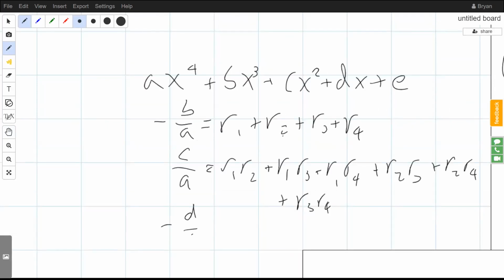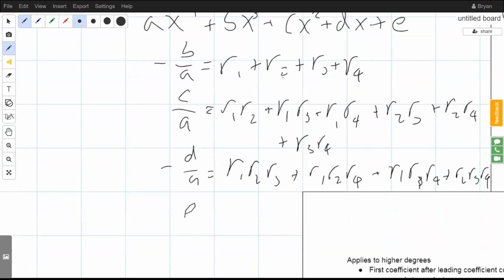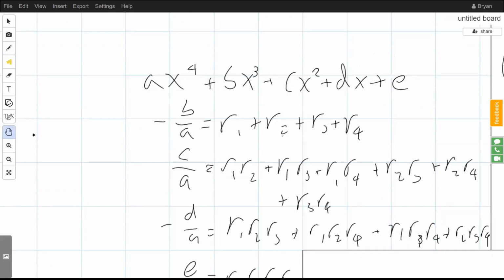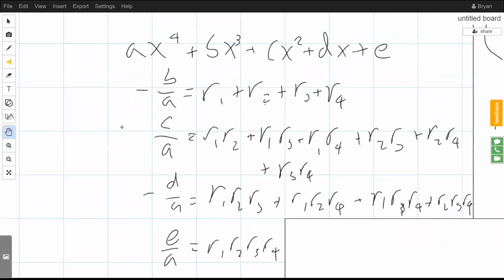Negative d over a is going to be the sum of the products of three of them, so r1 r2 r3 plus r1 r2 r4 plus r1 r3 r4 plus r2 r3 r4. And then e over a is going to be equal to r1 r2 r3 r4. One thing I forgot to mention is that notice how the signs of these terms are always alternating.